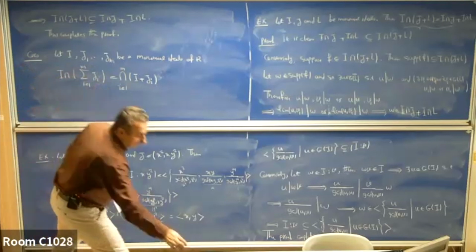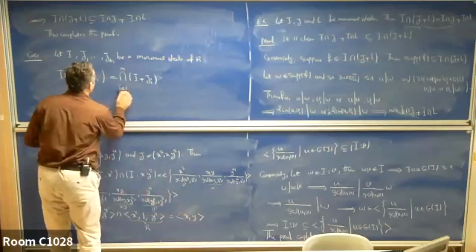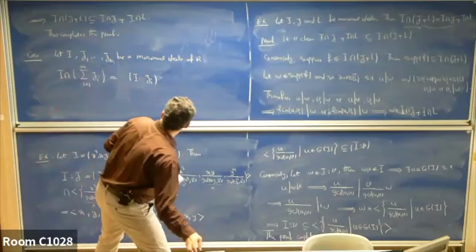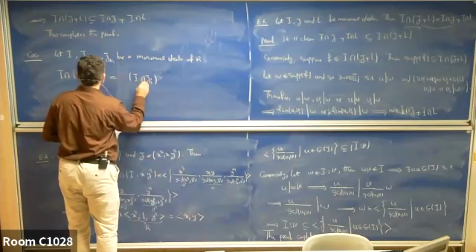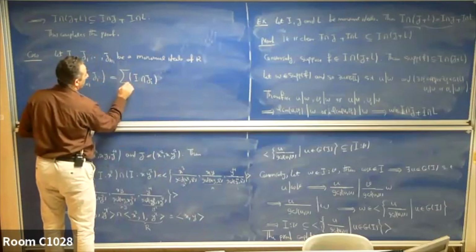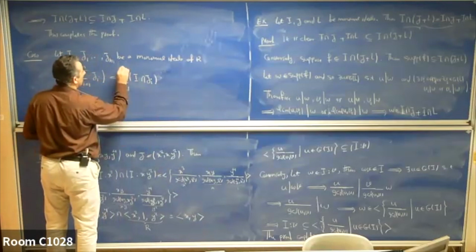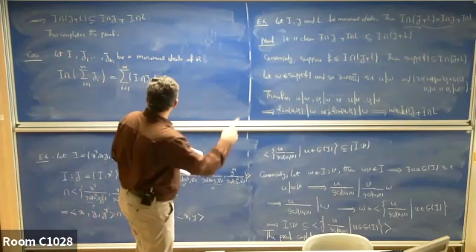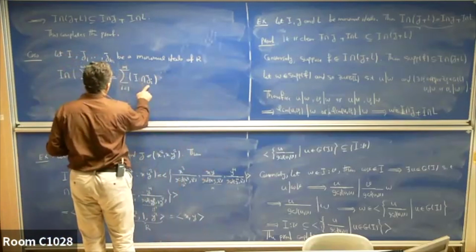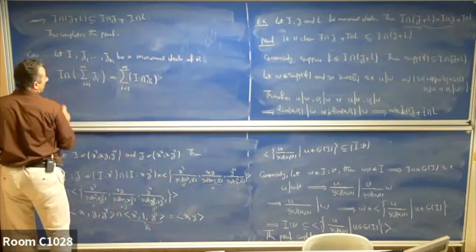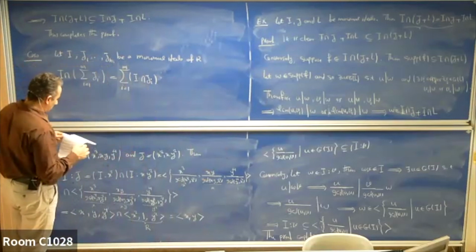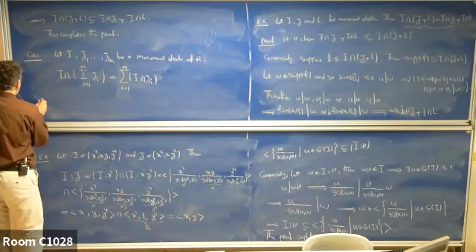This is the intersection, and this is a sum, i = 1, 2, ..., m, I intersection Ji. This is by induction.